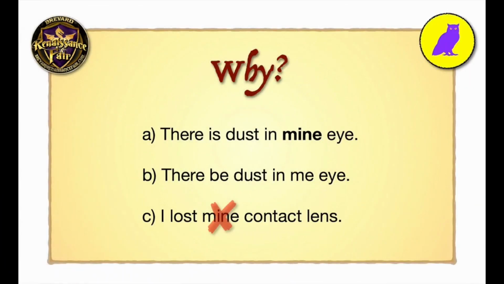Or if you're from the west of England, so to this day, people would say, there be in the west country of England. So, if you have a villager character who's maybe a little rough around the edges, a little unrefined, you might well speak that way. You might say, there be dust in me eye, as opposed to, there is dust in mine eye.